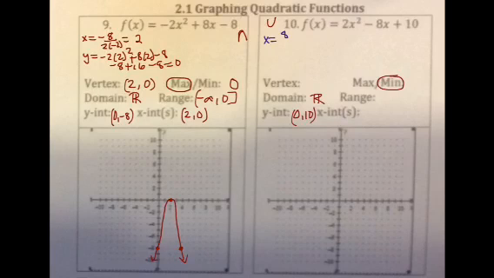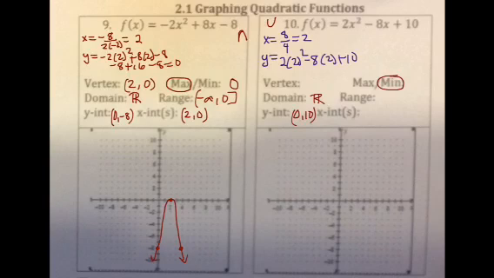So that would be +8 over 2 times 2, which is 4. So that gives you 2, and then replace all the x's with 2's, so that's 2 squared minus 8 times 2 plus 10.